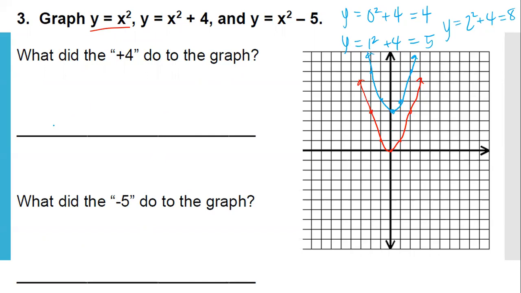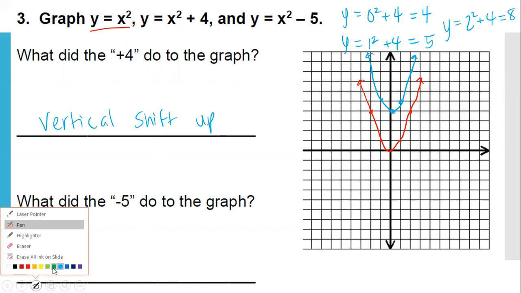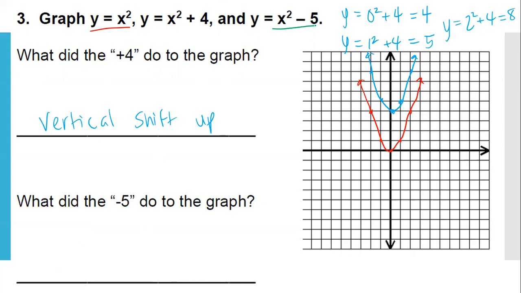All right, so when I add 4 to the parent function, it made it a vertical shift up, right? So what's going to happen when I subtract 5? Each one of my parent function values are going to go down 5. 1, 2, 3, 4, 5.